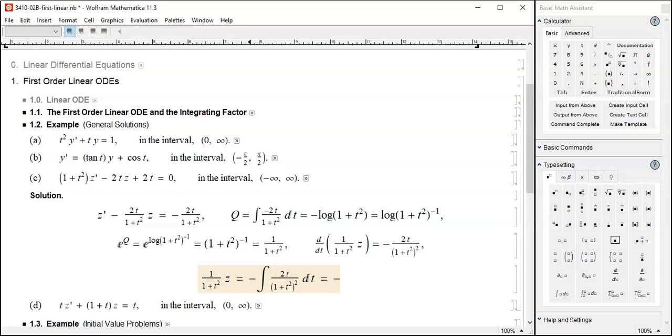You're going to get 1 plus t squared to the negative first power. Let's see. Take the derivative. Okay, that's what you're going to get. Let's check. Take the derivative. Negative 1 comes out, we subtract 1. So we have that okay. Sign checks out.